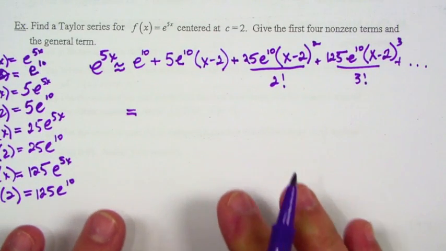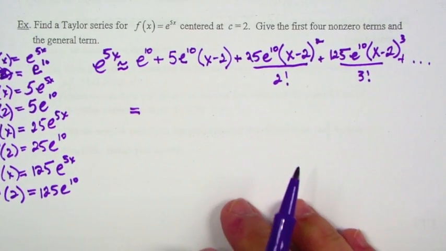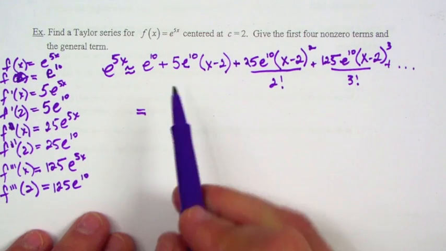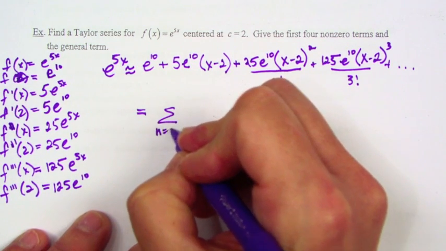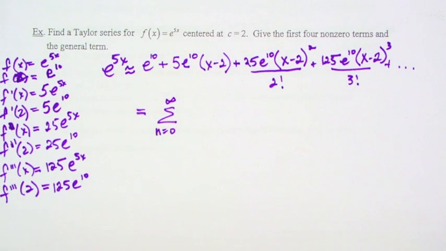And then that's going to equal the sum, n equals 0 to infinity. Now we got to start putting things together, right? So what's in everything?